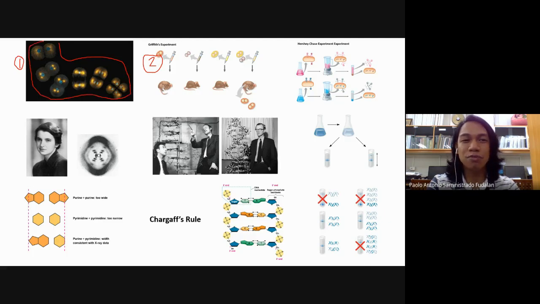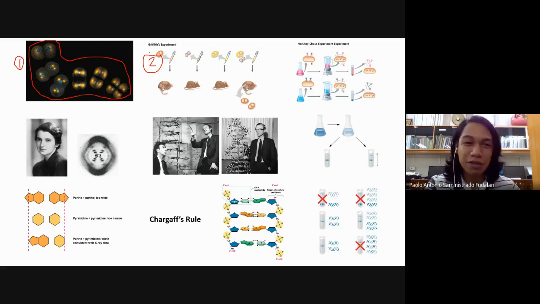The chromosomes are distributed to the daughter cells. And so there was the idea that the genetic material must be found in the chromosomes. And so as you answered, chromosomes are made of two materials, protein and nucleic acids, particularly DNA. So the quest for finding out which among those is really the genetic material was born.